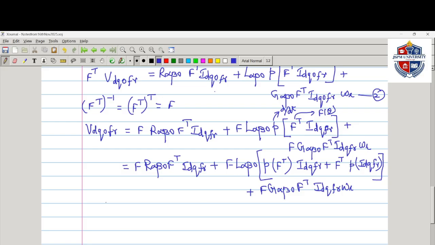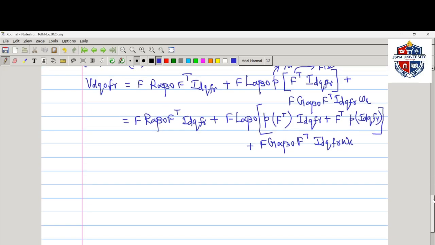Now we can separate all the terms. Before that, I already told you F is a function of theta, but current is in terms of time. So I can modify this equation as F R alpha beta 0 F transpose into I dq fr plus F L alpha beta 0 into P of F transpose.